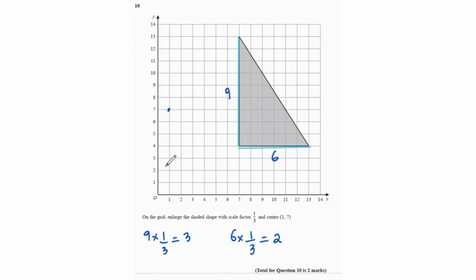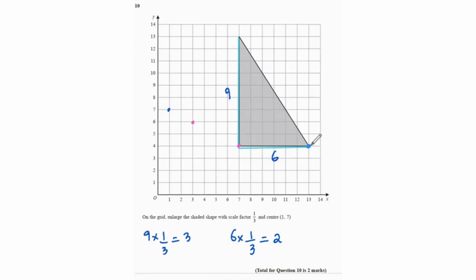Now, to identify the exact placement of this triangle, we will look at the placement of the coordinates of the given triangle from the center. Now this point is 6 units horizontally and 3 vertically. So we know 6 divided by 3 is 2. So now the new image will be 2 horizontally and 3 divided by 3 is 1. So 1 vertically, which means it's going to be over here. 2 units horizontally, 1 unit vertically.